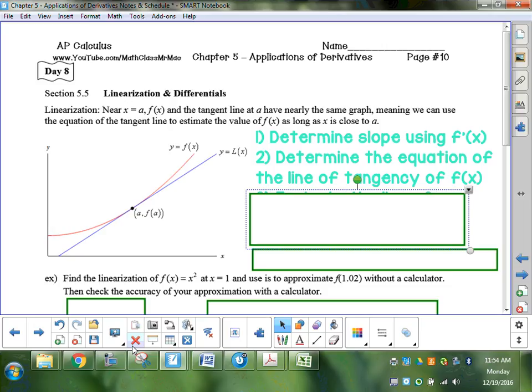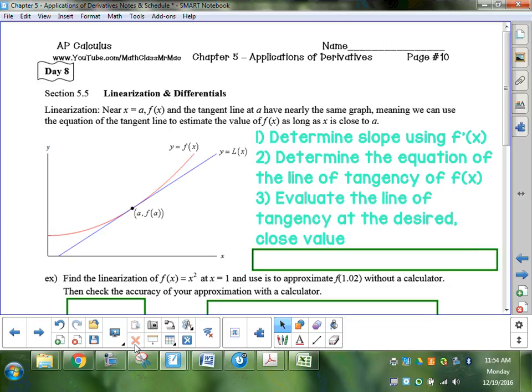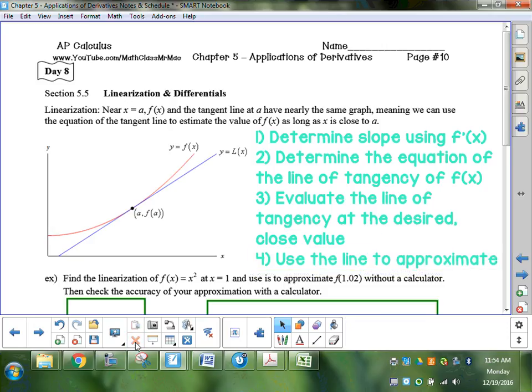The third is to evaluate the line of tangency at the desired closer value. And the last is to use that line to approximate what the function's value is going to be.